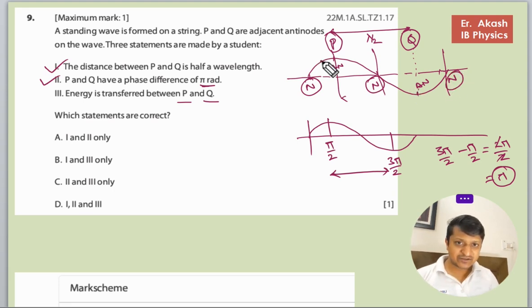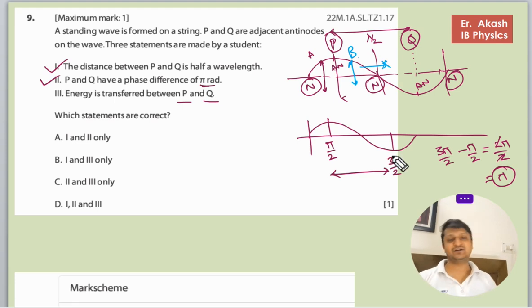If there is a point here, it will only oscillate here. If there is some point B here, this point will oscillate here only. The energy will not go there. No, there is no movement of energy. So only A and B, that is 1 and 2, are the only right options here. So A is the right answer.